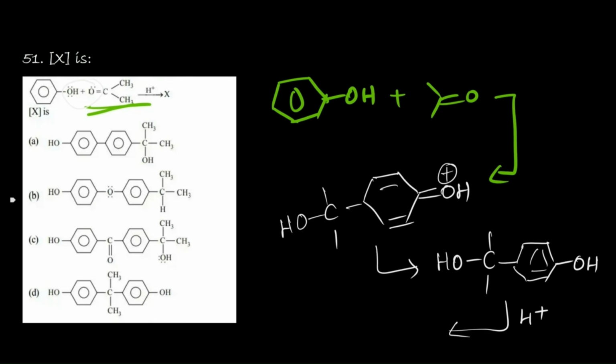For each double bond it will take up one phenyl ring, so finally it will produce the structure of option D. Okay, this is bisphenol A.